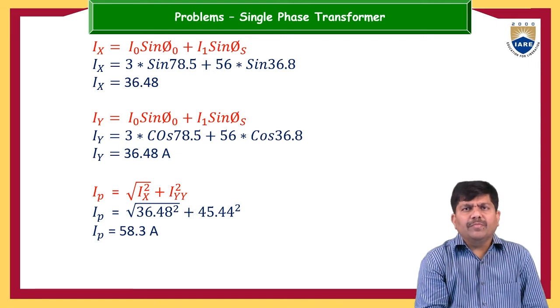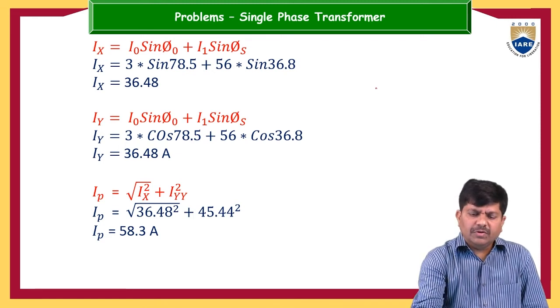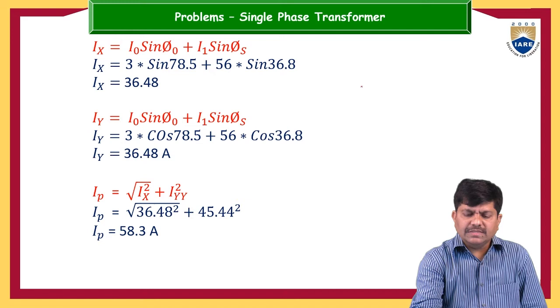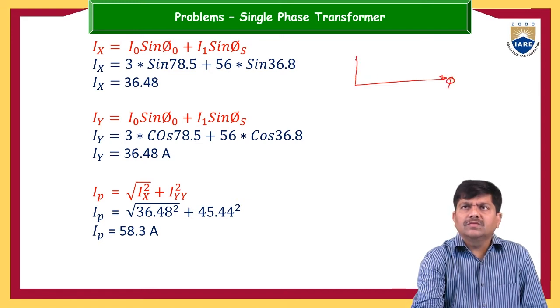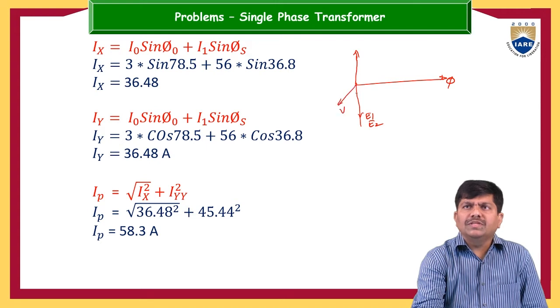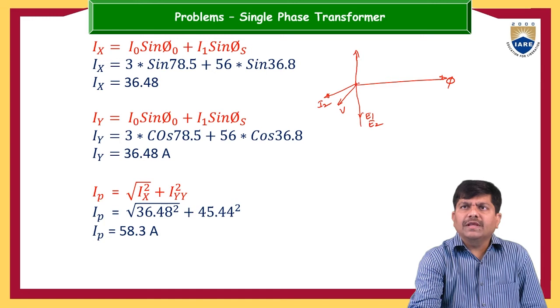So the IX component, because you can also recollect the basics: this is flux phi, and this is the E1 vector and this is the E2 vector. If this is the voltage V and this might be the current I2, if you extend this current in the opposite direction, it becomes I2 dash.